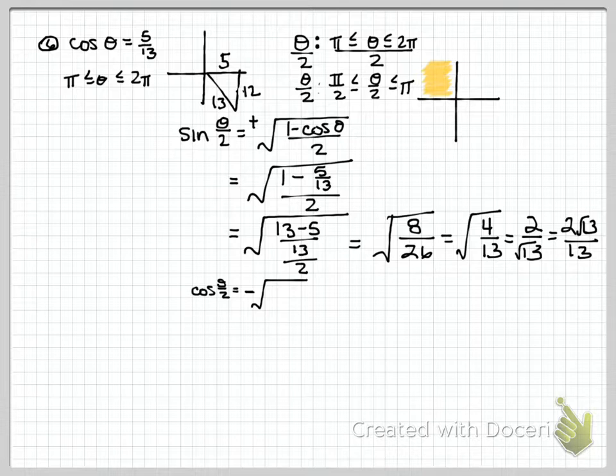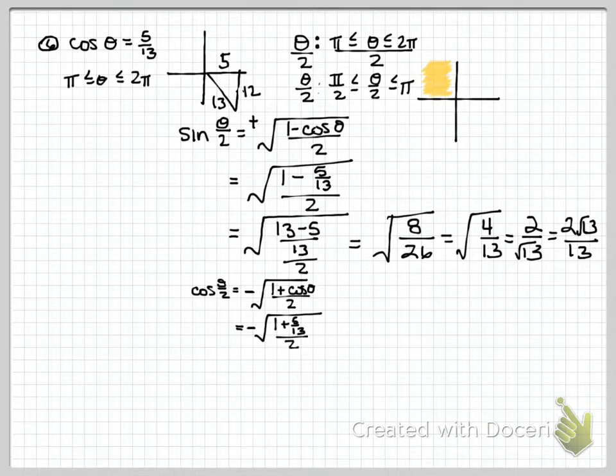And it's going to be 1 plus cosine of theta all over 2. And now just substitute our value in. The cosine of theta is 5 over 13. So it's going to be 1 plus 5 over 13 divided by 2.